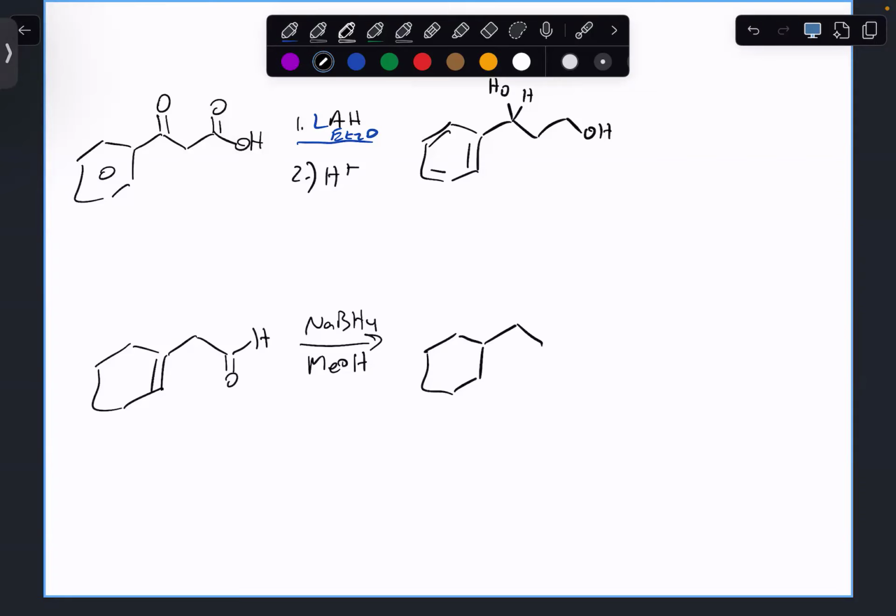Certainly it can. So that is going to reduce to the primary alcohol. Can sodium borohydride reduce an alkene? No. Remember when we introduced this reagent, I told you that it is only good for aldehydes and ketones. So no, it is not going to touch the alkene, so that alkene remains just as it was. All right, questions there?